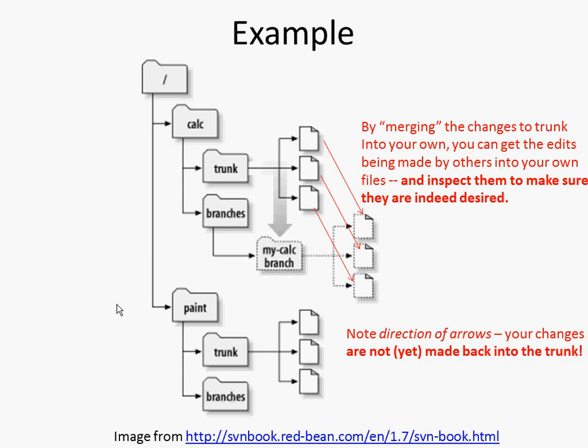The ancestry information. It's because it's tracked this information. Square root.c here originated with square root.c there. And so it knows it's the same file over here in the trunk that we have over in the branch, and so I can merge it in there.